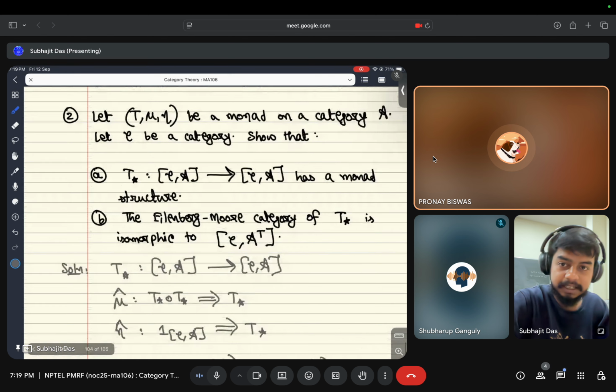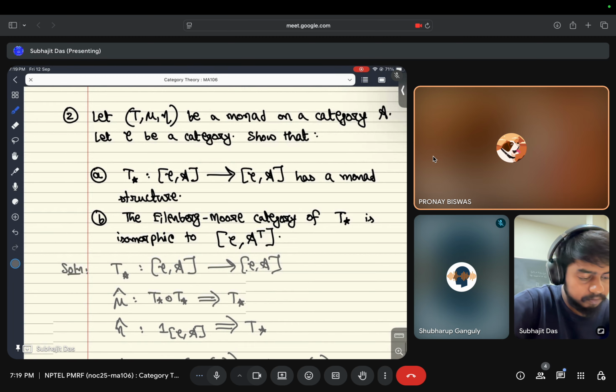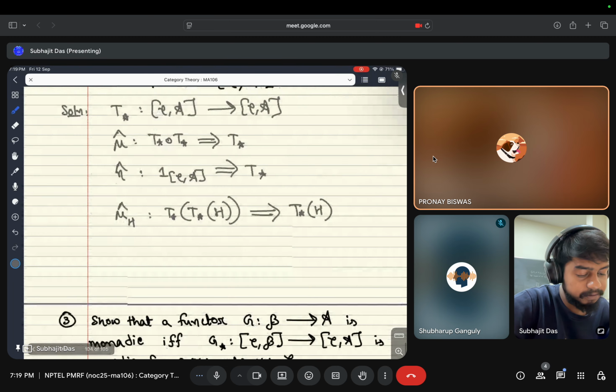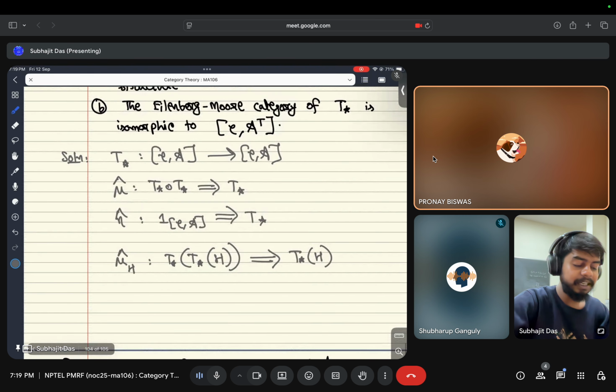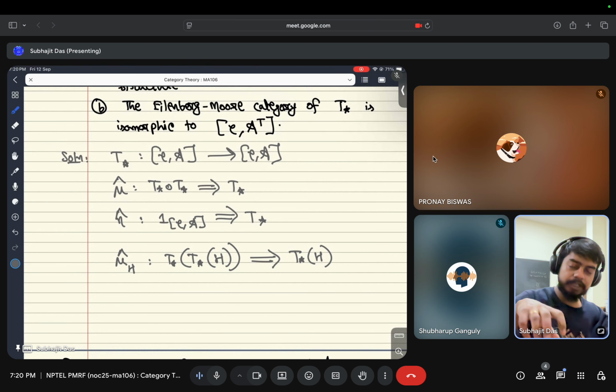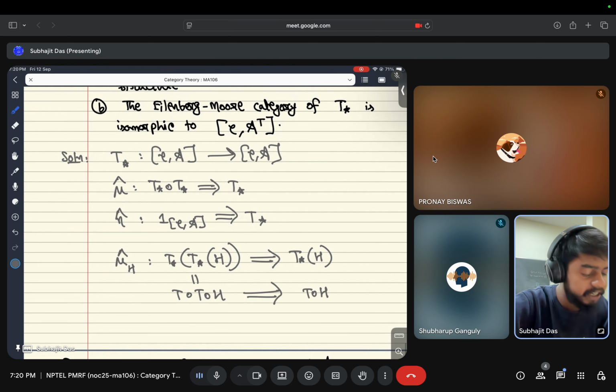Yes, T is an endofunctor with a monad structure. So we want a natural transformation from T star T star H to T star H. What does T star do? Just post composition with T. So this is exactly T composed T composed H, and this is exactly T composed H. What should you take?